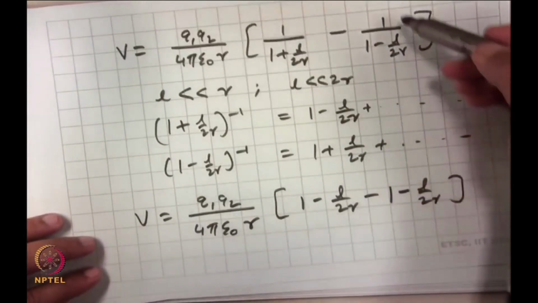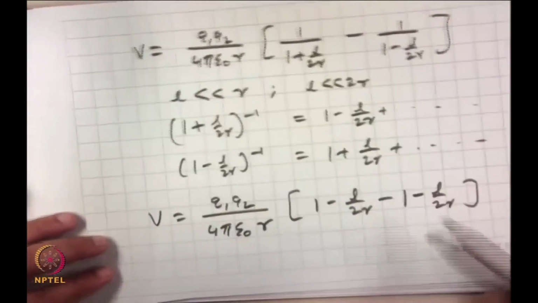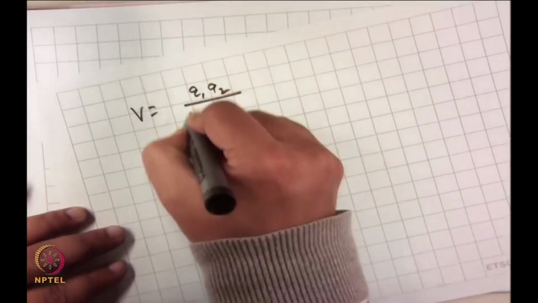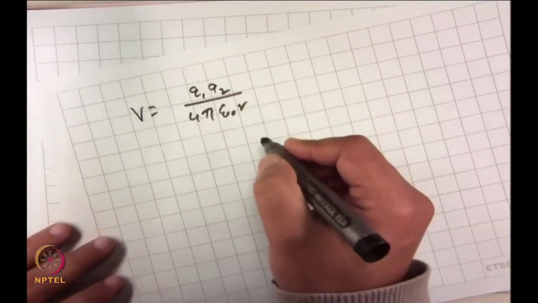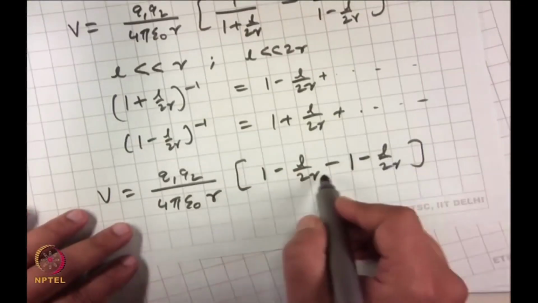So it is essentially 1 plus L by 2R, but I have just removed the brackets and written it as 1 minus L by 2R. And what should this give me? So that means V is equal to Q1 Q2 by 4 pi epsilon 0 R. The 1 cancels, right? The 1 cancels and we are left with minus 2L over 2R.